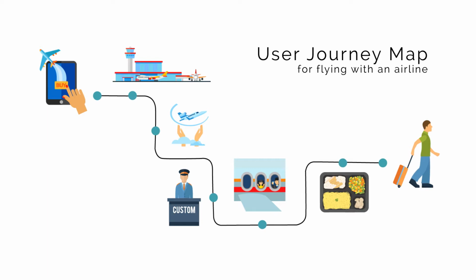And all of these are individual touch points that your user will have. And with the user journey map, the whole purpose of it is to identify what these touch points are and to see whether you can better improve that particular journey or that particular touch point that your user is going through.